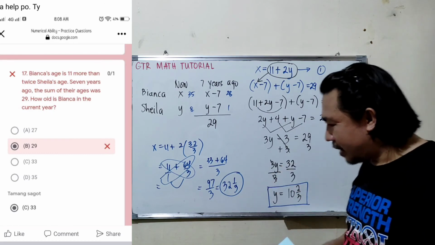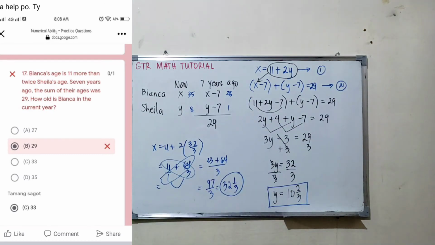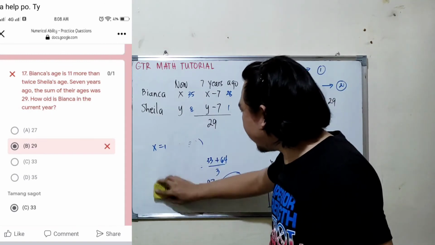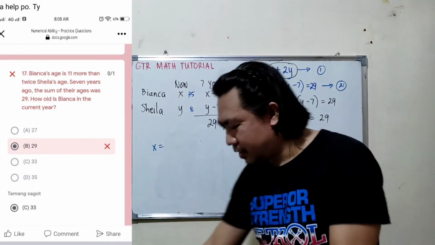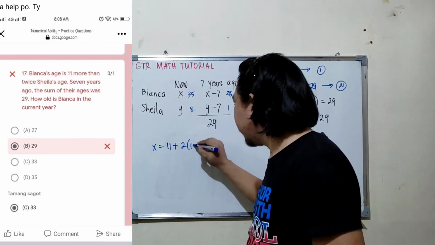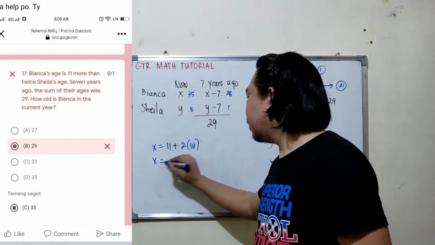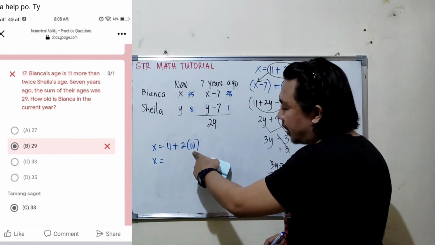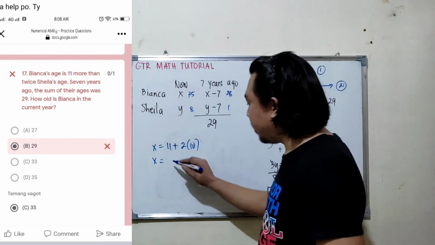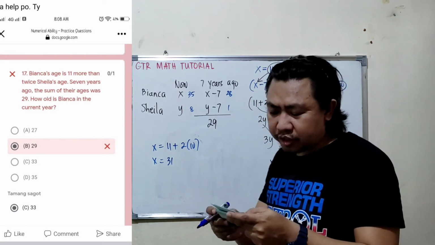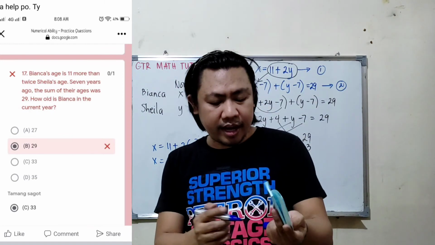Try natin. x is equal to 11 more than twice ng 10. 2 times 10 ay 20 plus 11, 31. Wala pa rin sa choices yung 31.